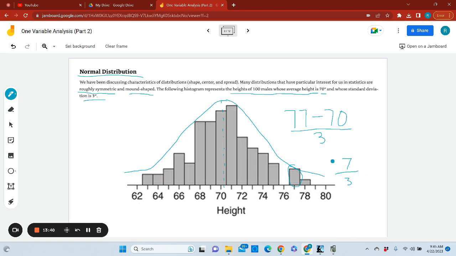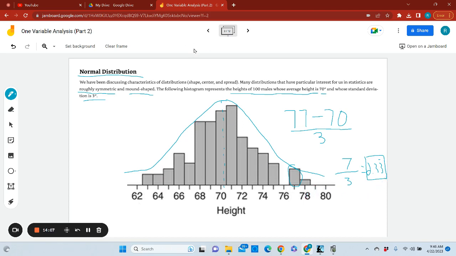So if we then do 7 points divided by a 3-point standard deviation, we're going to find out that this person was 2.33 if you plug that into a calculator, or you can just know that 3 goes into 7 2 1/3 times, right? So this person was way above average. Okay, they were more than 2 standard deviations above average.